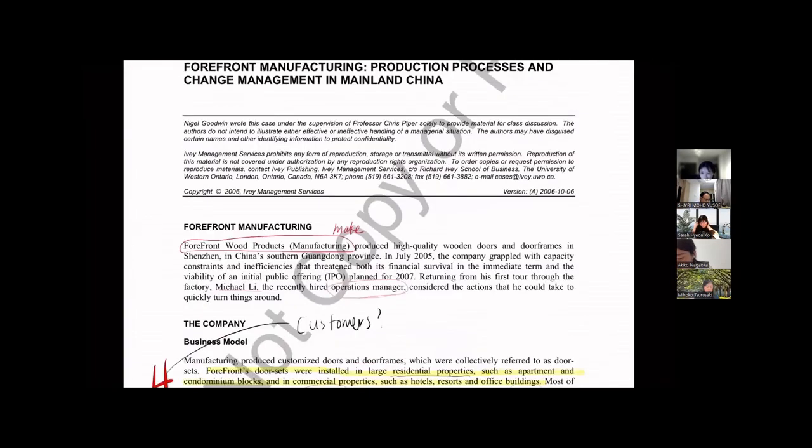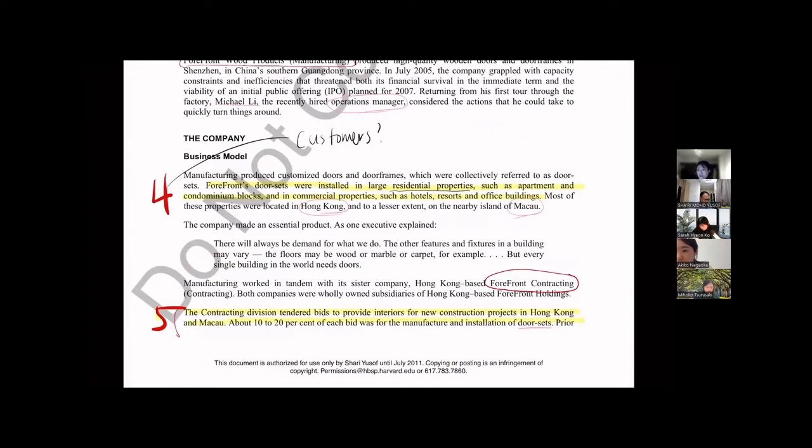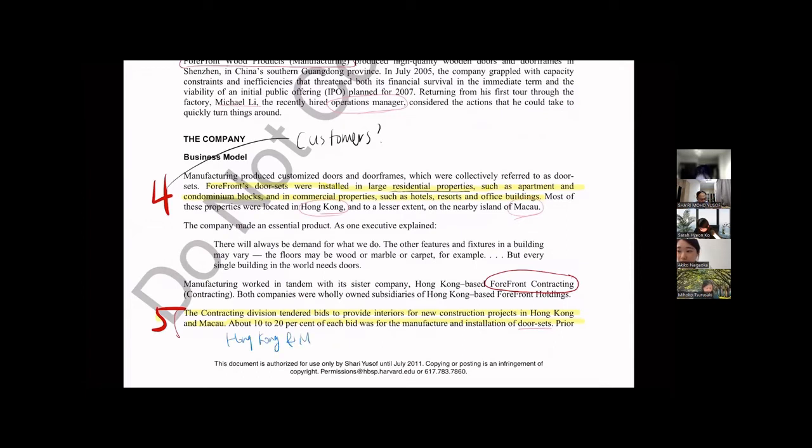The contracting division tendered bids to provide interiors for new construction projects in Hong Kong and Macau. That means in Hong Kong and Macau, Forefront Contracting will get the business. About 10% of each bid was for the manufacture and installation of door sets, because the other is other interior parts.